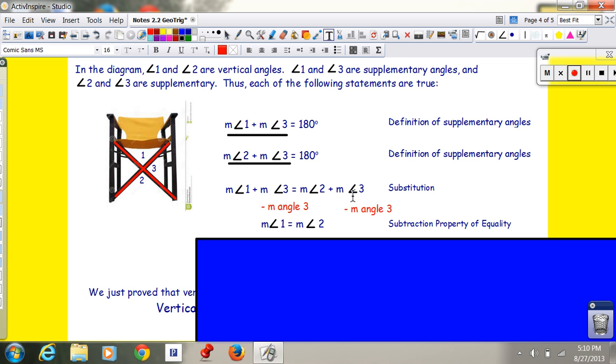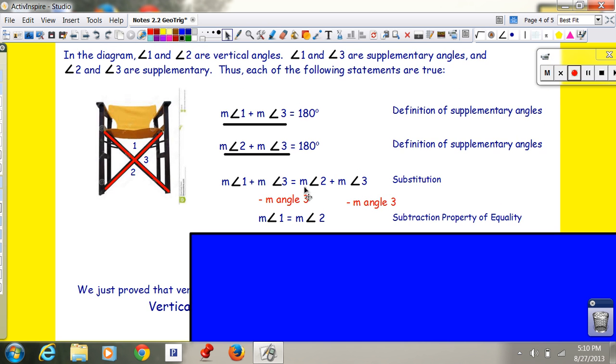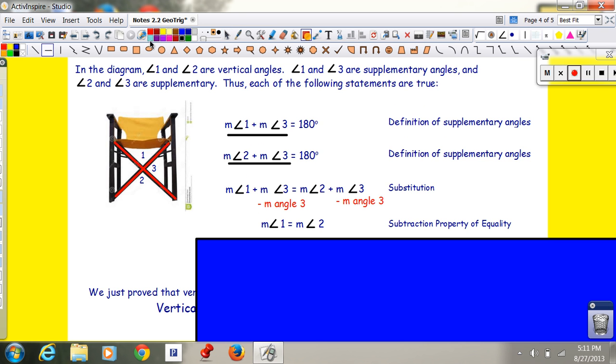So if I subtracted angle 3 from both sides, then these cancel out and these cancel out, and you're left with angle 1 equals angle 2, which is just subtraction property.